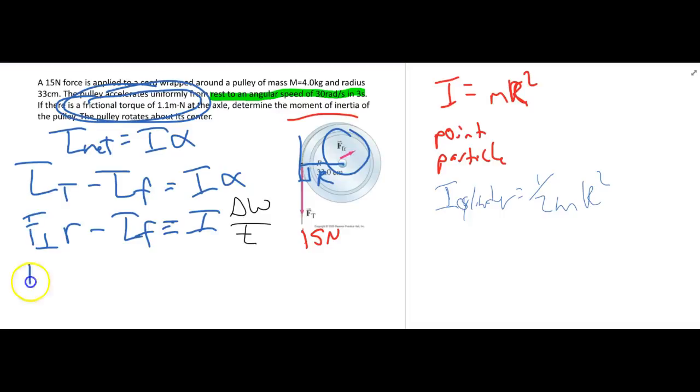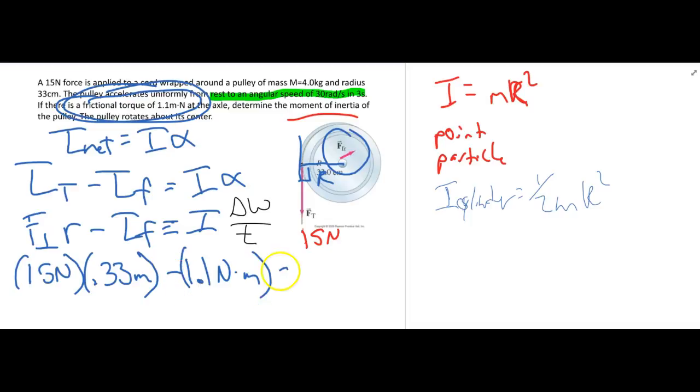The force here was 15 newtons times the R, which is 33 centimeters, but I need to convert it to meters, so 0.33 meters, minus the torque due to friction, which was 1.1 newton meters, equals I times alpha.